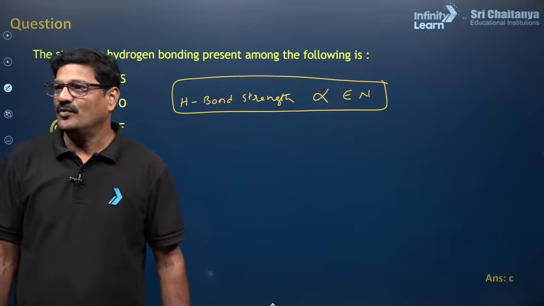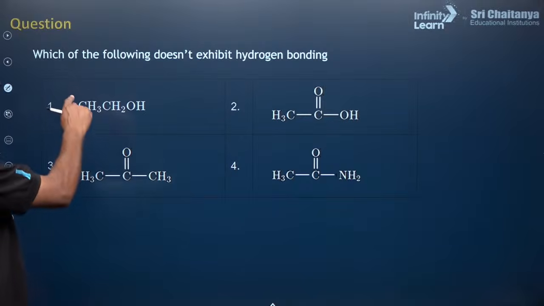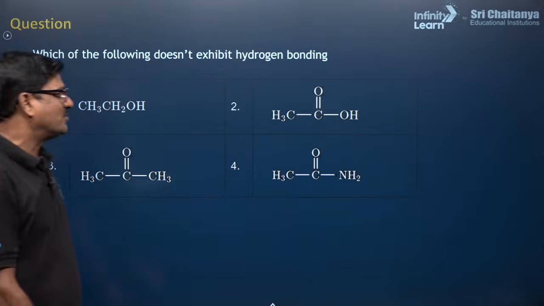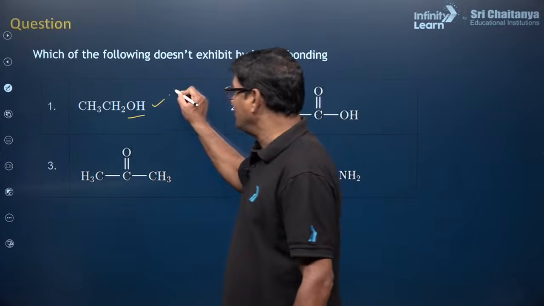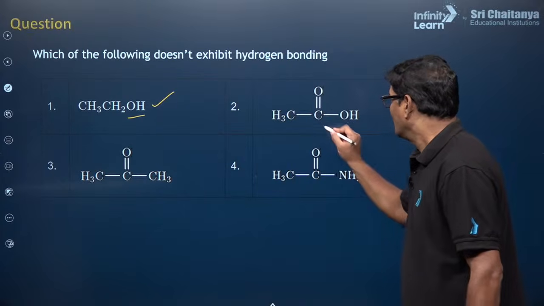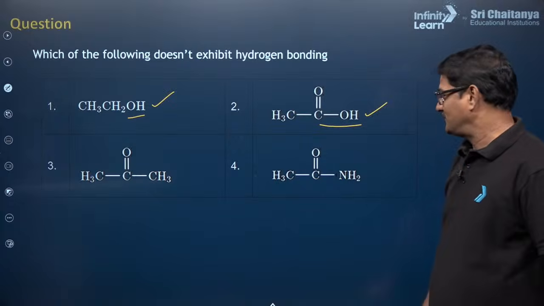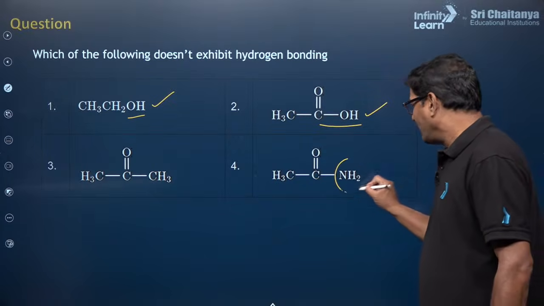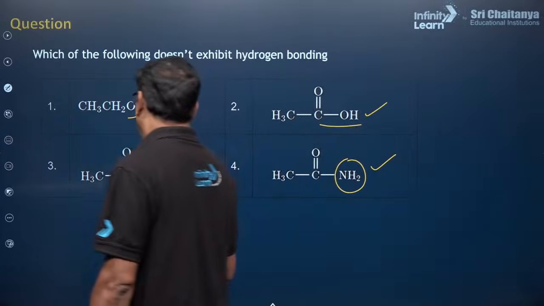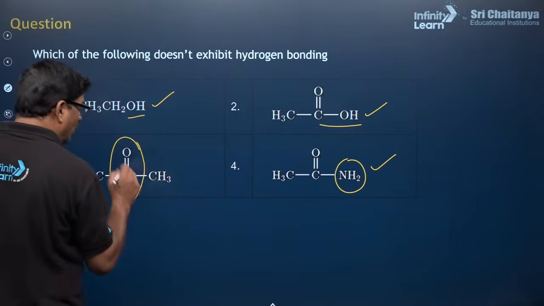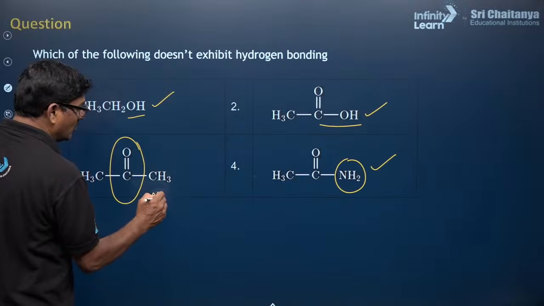And also we will see here which of the following does not exhibit hydrogen bonding. Alcohols will exhibit, carboxylic acid will exhibit, amines will exhibit, amide will exhibit, and acetone alone does not exhibit.